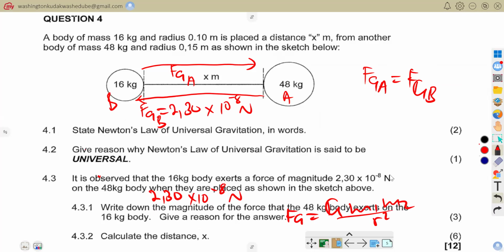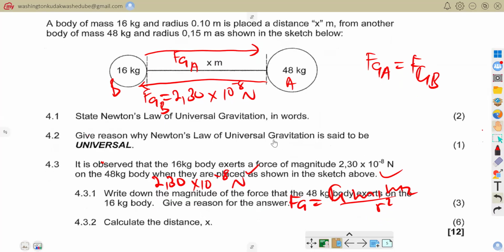This will always be the same because m1 is this, m2 is this. They are the same masses and the distance between the two is the same. So you can say this is due to Newton's law of universal gravitation, which states that, and then you can state that law. So the answer was this, and the reason was this law. Simple like that.